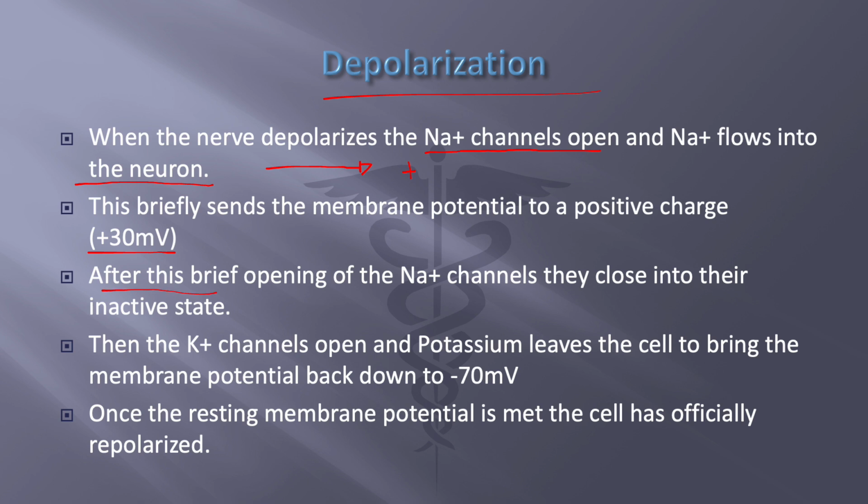After this brief opening, the sodium channels close into their inactive state. Then the potassium channels open and potassium leaves the cell to bring the resting membrane potential back down to negative 70 millivolts, okay? So once that resting membrane potential is met, the cell has officially repolarized.